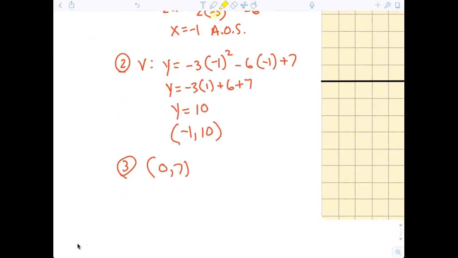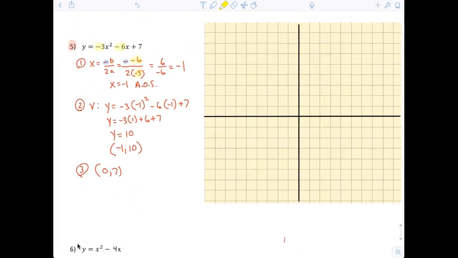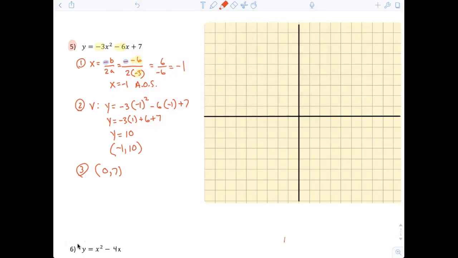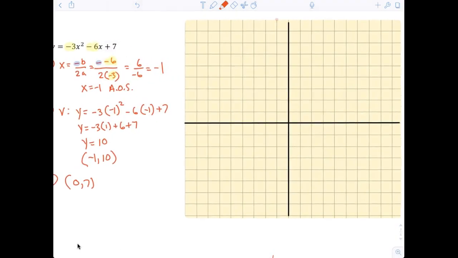All right. So now let's graph and see where we're at. So we're going to graph the axis of symmetry, which is x equals -1. So everybody graph that. Or check what your work is, I should say. Then -1, 10, right?